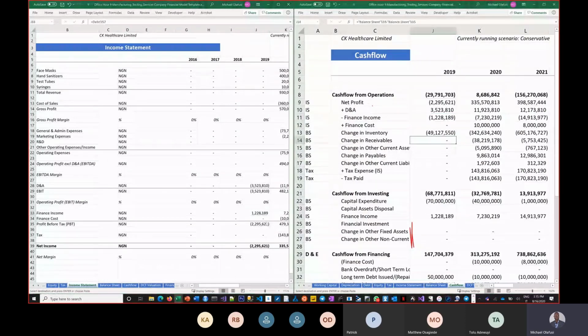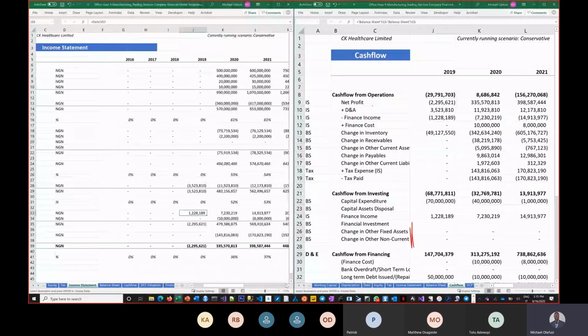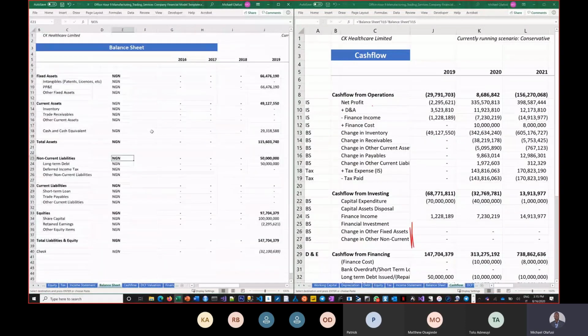Let's see trading receivable. Let's go to the balance sheet to check out the balance sheet items. So for inventory, minus, okay, I think I've done something wrong in inventory. Picking J13 instead of J14.